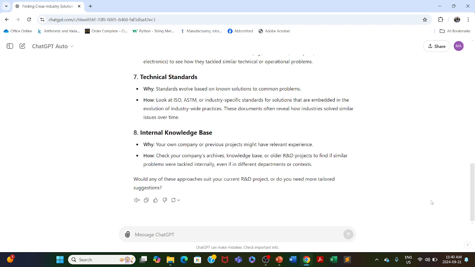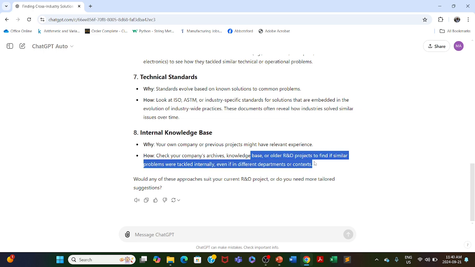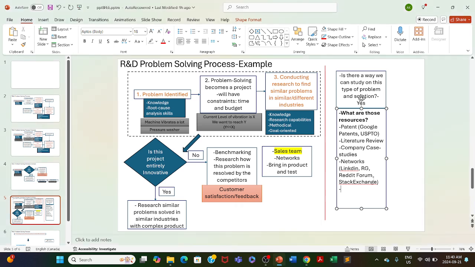The next is internal knowledge base. It's basically checking your company archives for knowledge, so I'll also add that: check with internal knowledge base.